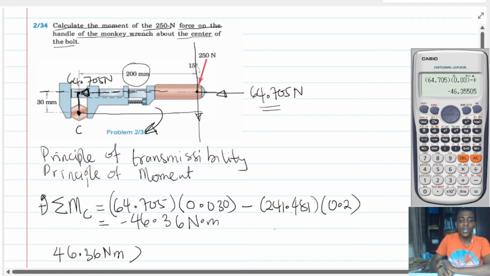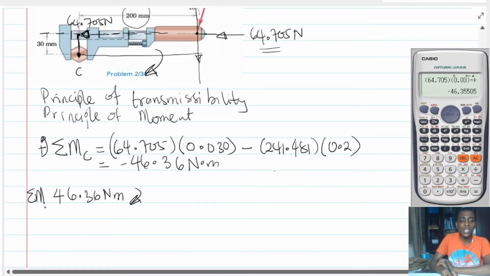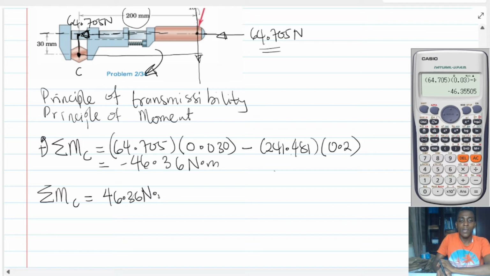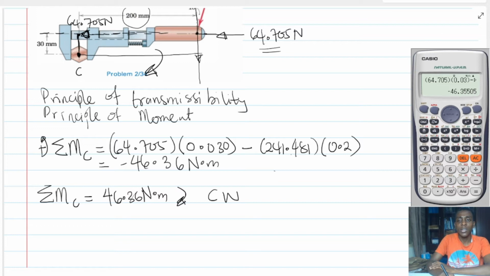So the summation of the moment about point C is actually clockwise. We can either represent the clockwise by this minus sign, or we can write it as CW, meaning clockwise. Okay, so we've been able to solve for this problem at the moment.